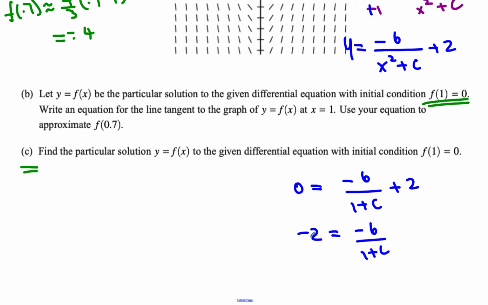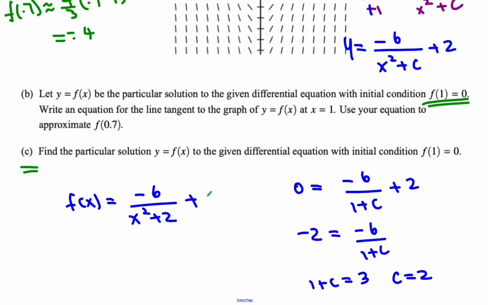Then we can cross multiply, hence we get 1 plus C equals 3. Then C must be equal to 2. Then our final answer becomes f of x equals negative 6 over (x squared plus 2) plus 2. That's basically what we end up getting.